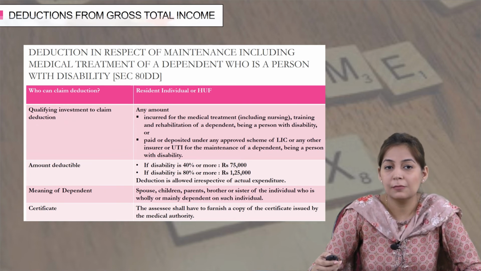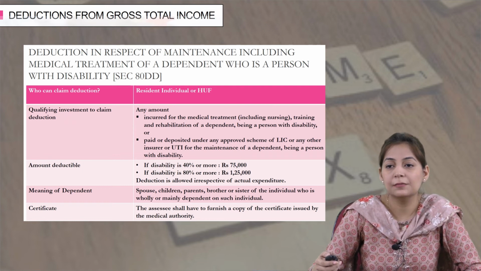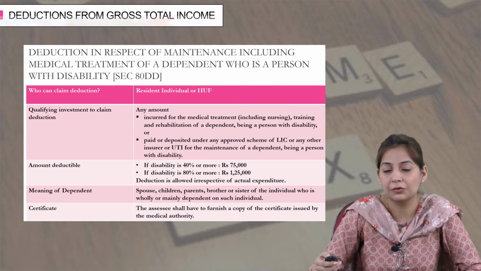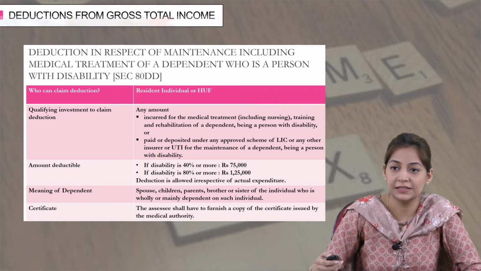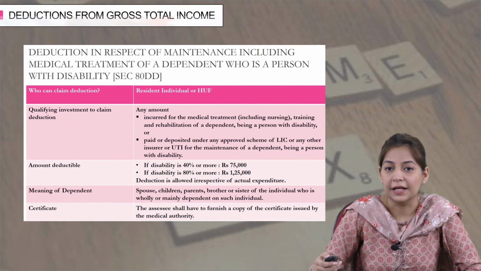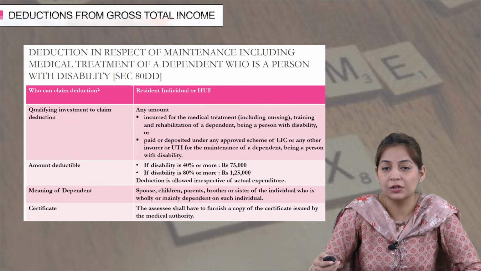The maximum amount deductible under this section is a fixed amount. If the disability is 40% or more, the fixed amount of deduction is rupees 75,000. But if the disability is severe, let us say more than 80%, then the fixed amount of deduction is rupees 1,25,000. The deduction is allowed irrespective of actual expenditure.